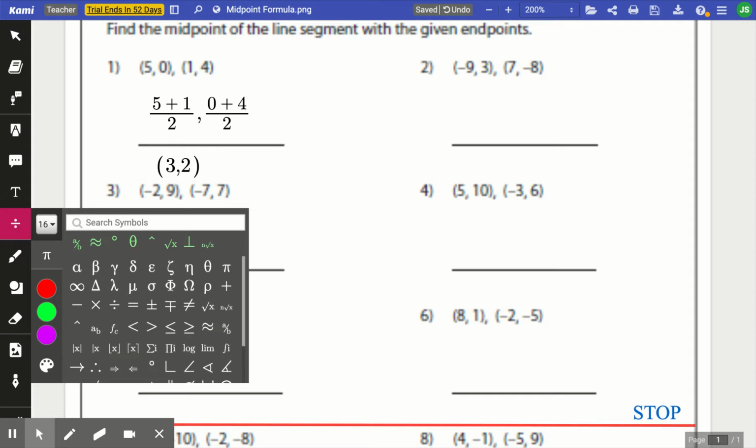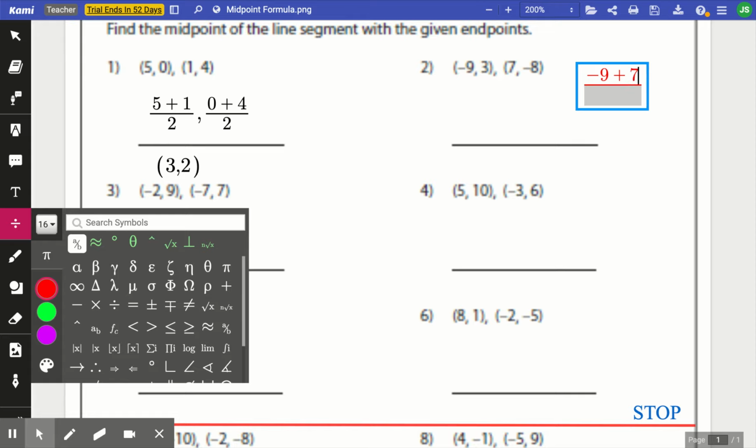Okay, let's take a look at number 2. I'm going to start my box up a little bit higher this time so I have some room here, and I'm going to pick a different color. I want to start with a fraction, and I'm going to start by adding my x's together, that's -9 plus 7.